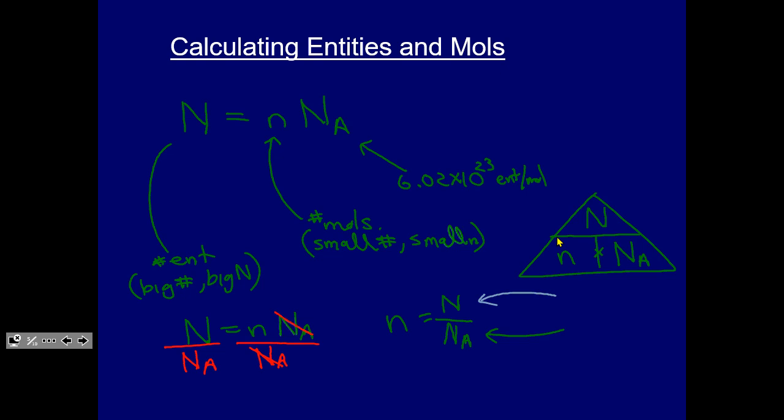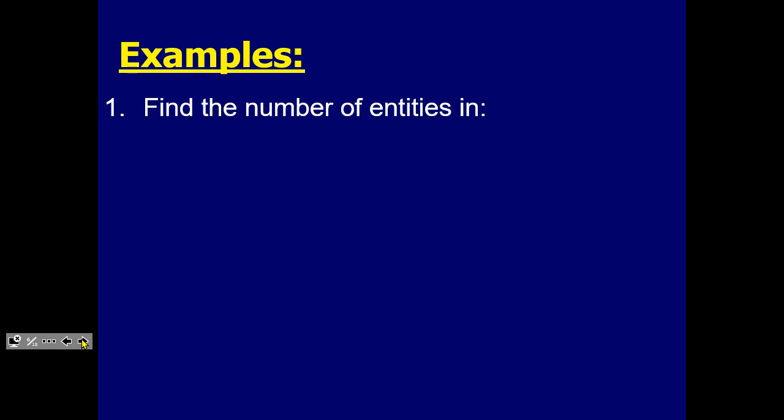All right. Let's do some questions. Okay. Next slide. Okay, so let's do some examples. Find the number of entities in 1.7 moles of CO2. So I'm looking for entities.